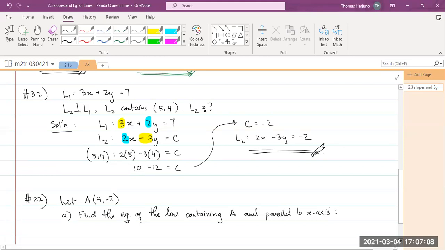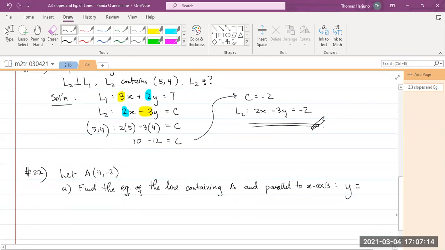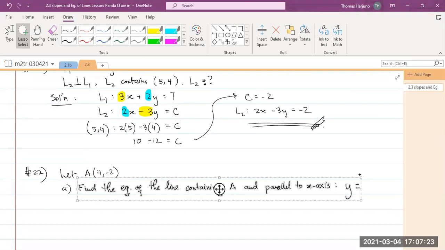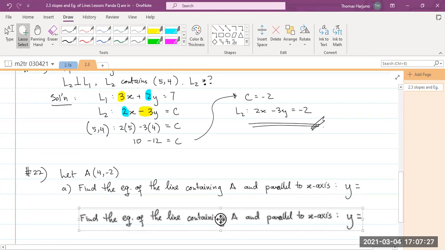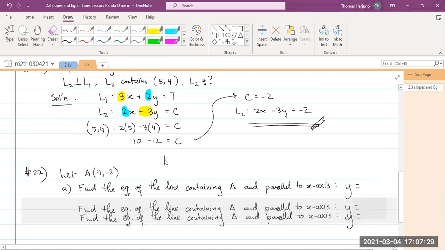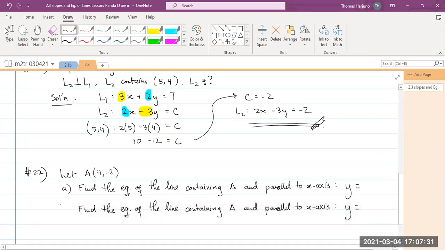Now, if it is parallel to the x-axis, it must be y equals. What if it is parallel to the y-axis, Thomas? Then it must be x equals.